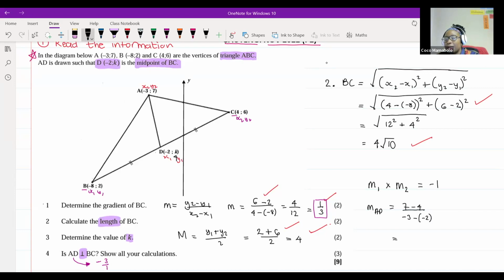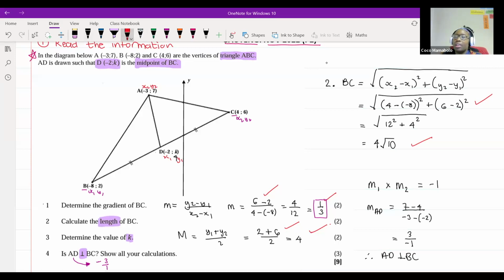That's going to give me 7 minus 4 will give me 3 over -3 plus 2 will give us -1. And indeed, we do find that we have exactly the correct gradient, right? We needed -3/1, and that's exactly what we got. Therefore, yes, you can say, therefore, AD is perpendicular to BC.